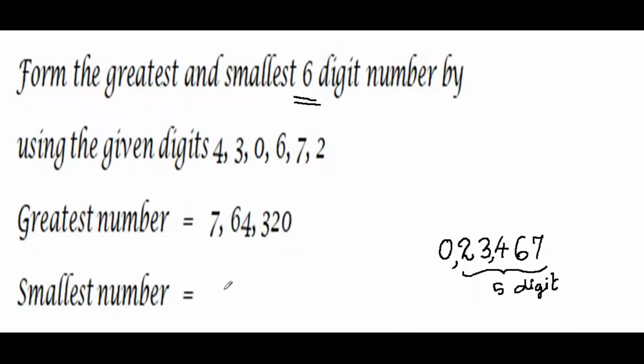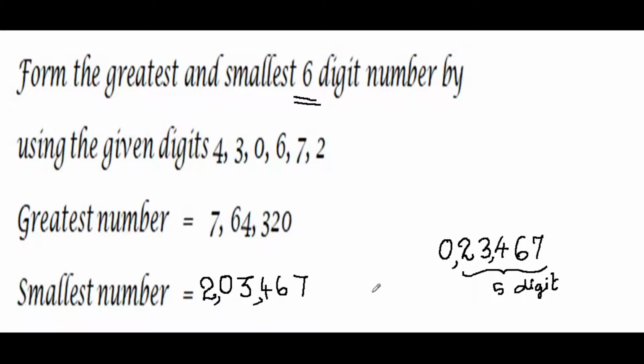If 0 is in the given digits, when you are writing the smallest number, start with the second smallest. It is 2. Then as the second digit, you can write 0. 2, 0, then as usual 3, 4, 6, 7.